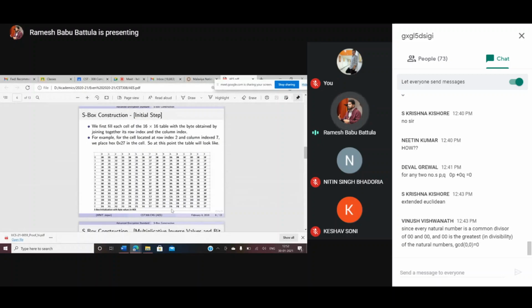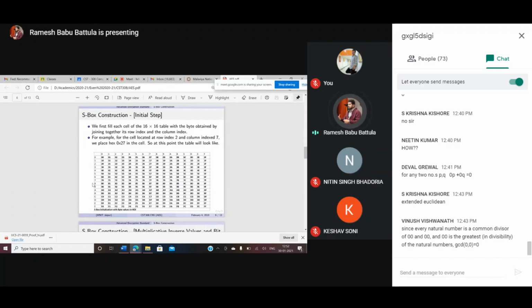This is the first step, and there is not much logic in it. Simply you have a row index and a column index. Each and every cell holds two hexadecimal values: the first is the row index and the second is the column index. Suppose I choose 7, 8.